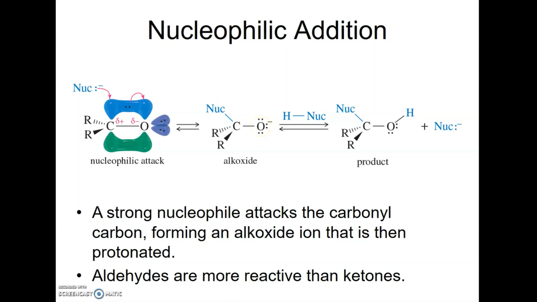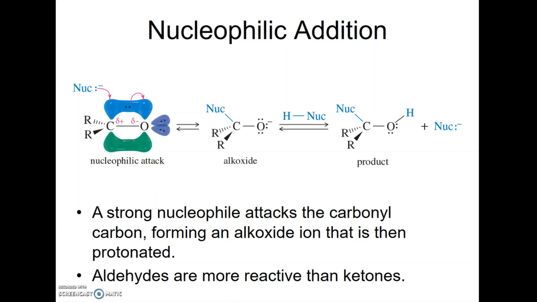If you have something with a proton in the solution, then that oxygen can get a proton from whatever you have, to give whatever type of compound you're trying to make. So that's what nucleophilic addition reactions really are, and this type of reaction can happen with aldehydes and ketones.